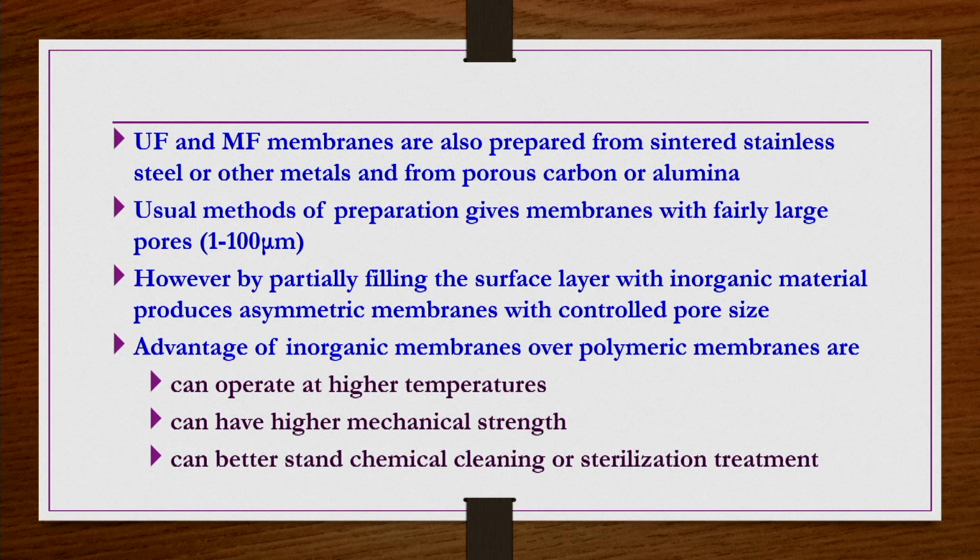So, these are the three important advantages of inorganic membranes. Polymeric membranes you cannot use at high temperature, because most polymers are sensitive to temperature. If the temperature goes beyond 50-60 degrees centigrade, then changes in the polymer structure will start taking place.